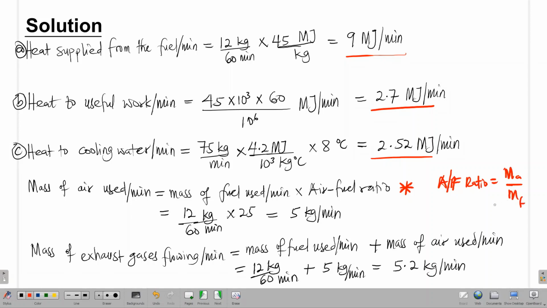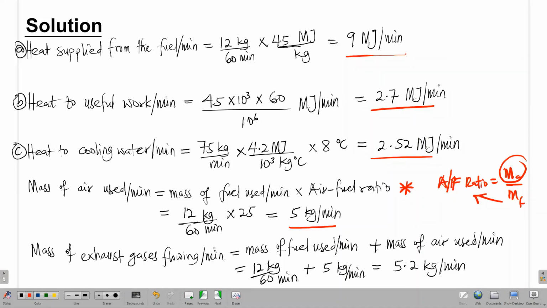And what we did over here was basically just multiplication through by the mass of fuel, so that we can get the mass of air. So the mass of air used per minute was 5 kilograms per minute.